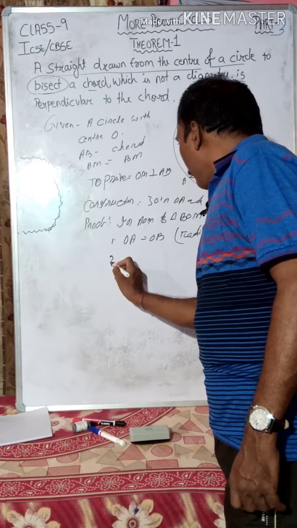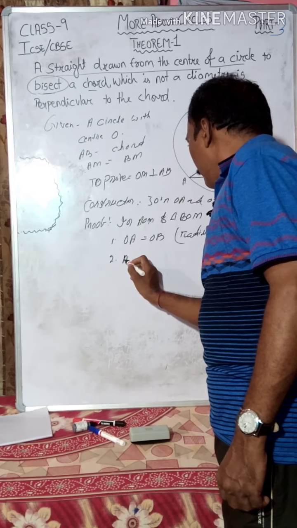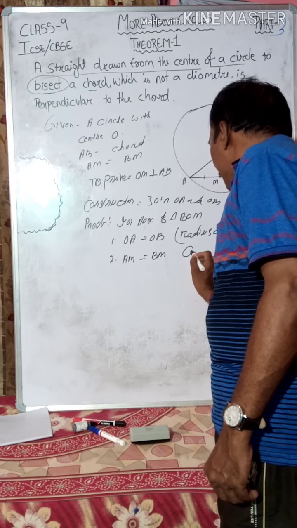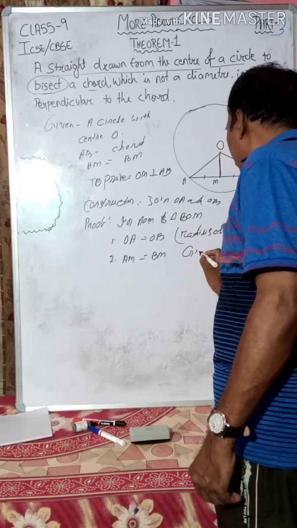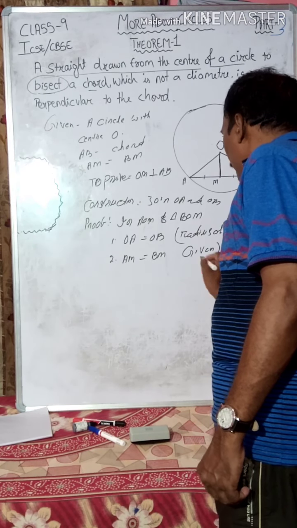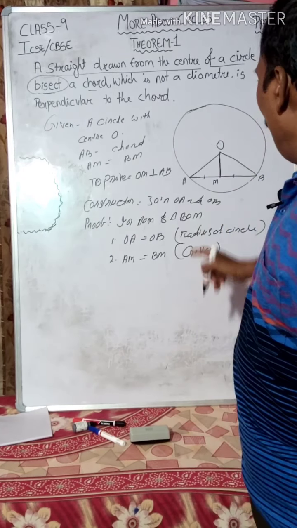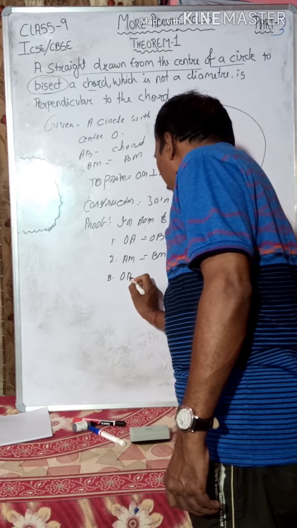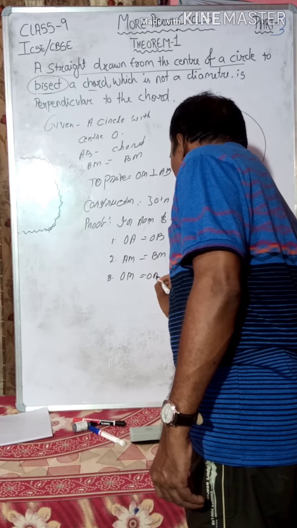Number 2, AM is equal to BM. This is given. Number 3, OM is equal to OM, a common side.